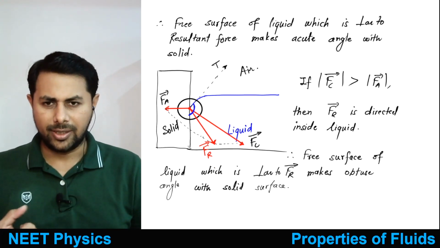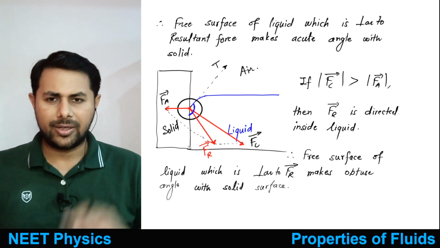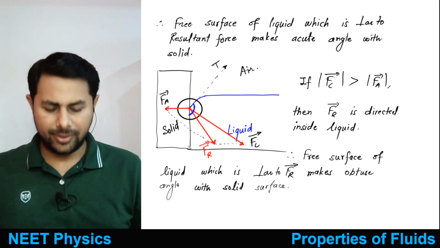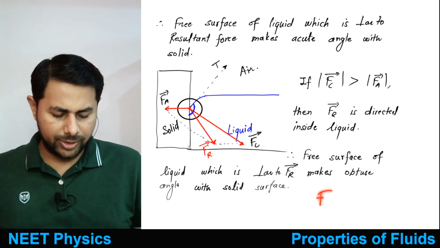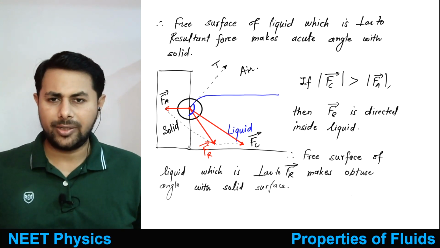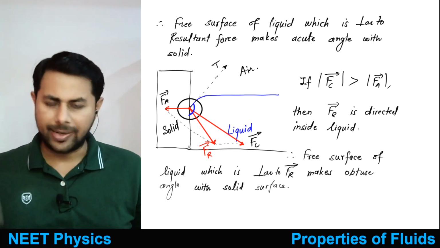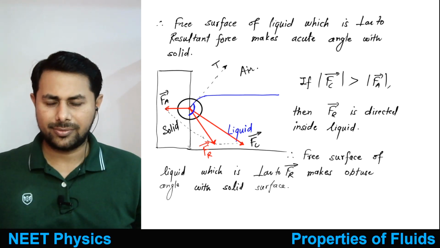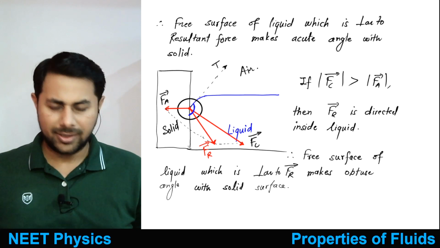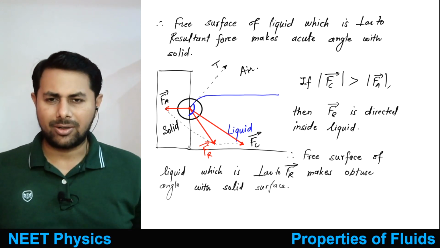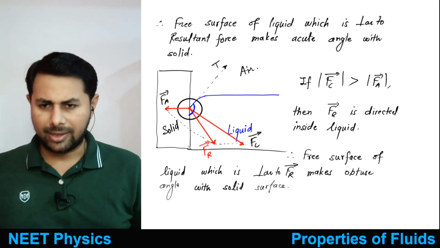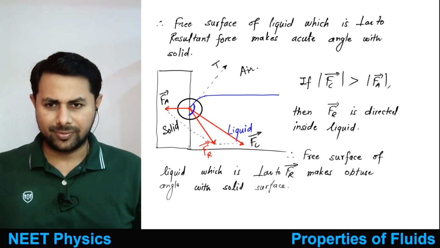First, when would the angle of contact be obtuse or acute? If cohesive force is more, the angle of contact would be obtuse. If adhesive force is more, the angle of contact would be acute.